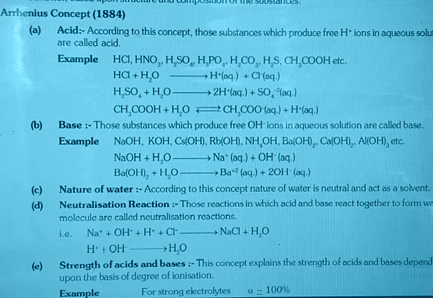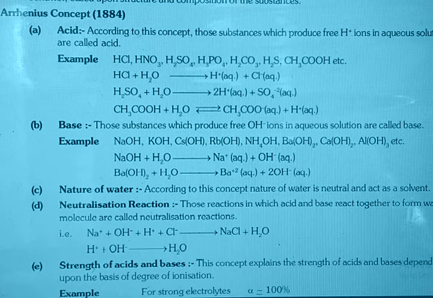You can take some acids like hydrochloric acid, nitric acid, sulfuric acid, phosphoric acid, carbonic acid, sulfurous acid, acetic acid. Many acids are there. As you put these acids into aqueous solution, they will dissociate hydrogen ions in aqueous solution. As they dissociate hydrogen ions, it is confirmed that this is an acid, right?